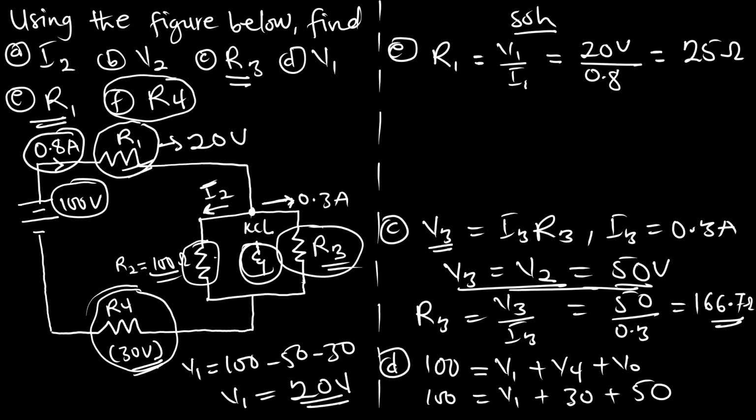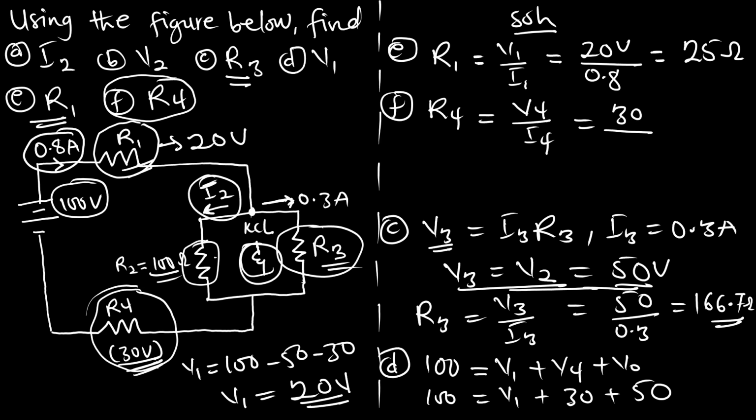Very good. Now the last part, which is the F, for R4. R4 is also going to obey the same principle, V4 on I4. The voltage across resistor 4 is given as 30 volts. And what is the current in resistor 4? The current moving is going to be the summation of the current I2 and this 0.3.